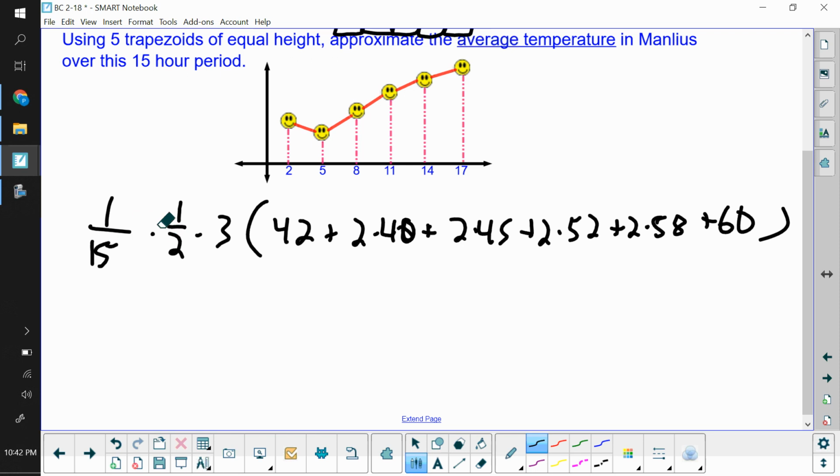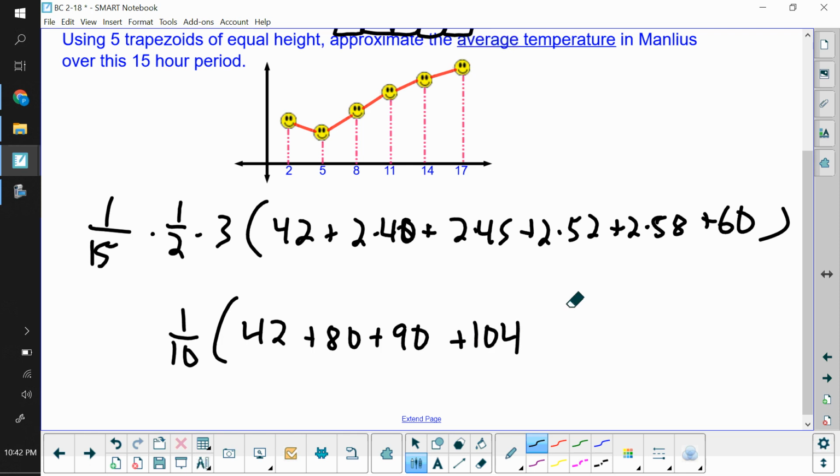Well, a 15th times a half is 1/30th, times 3 is 3/30ths, which reduces to 1/10. So that'll make that pretty manageable to do without a calculator. So we'll have 42, we'll have 80, we'll have 90, we'll have 104, we'll have 116, and then 60.